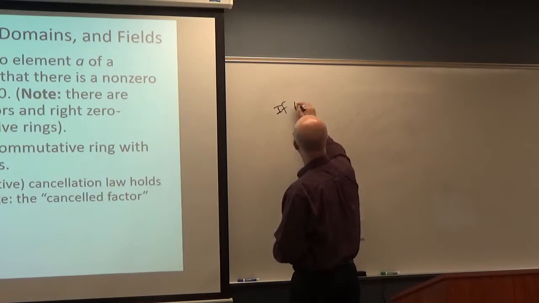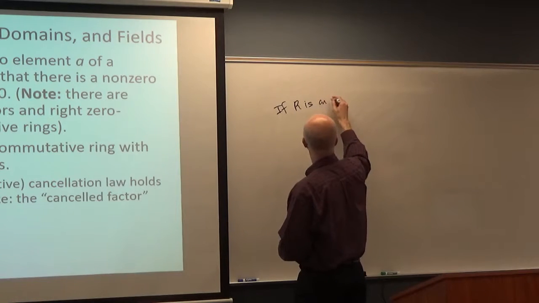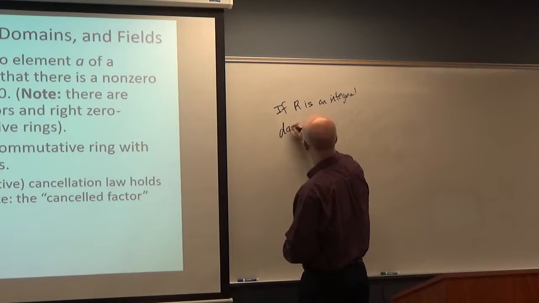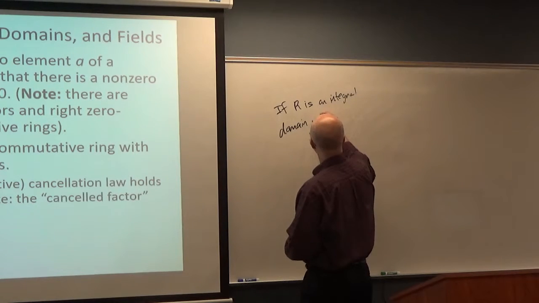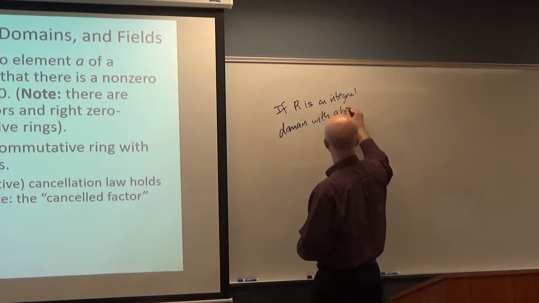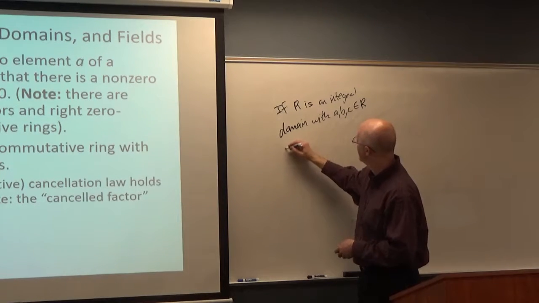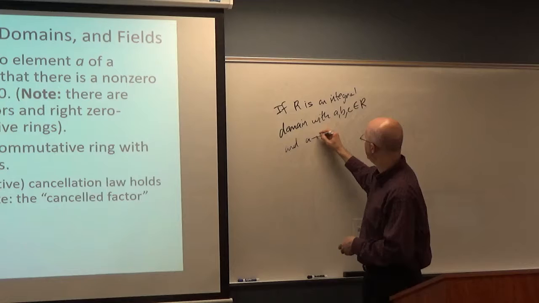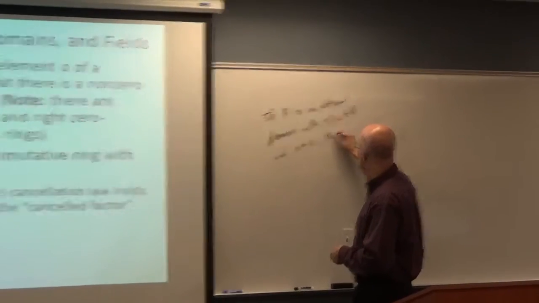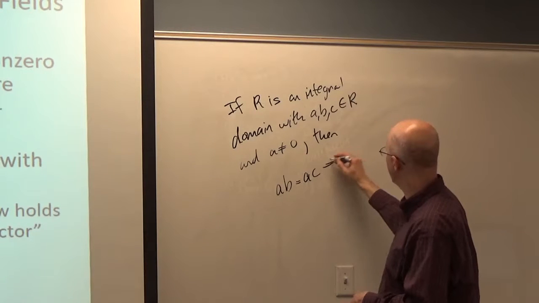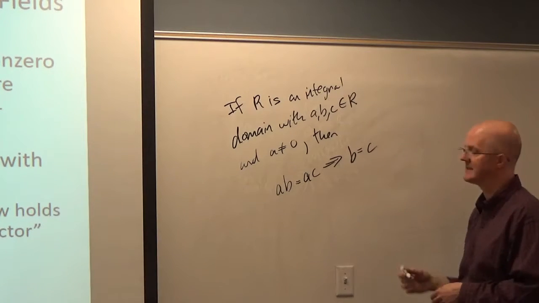If R is an integral domain, with 3 elements A, B, and C in the ring, and A not being 0, then AB equals AC implies B equals C. You can cancel the A's.